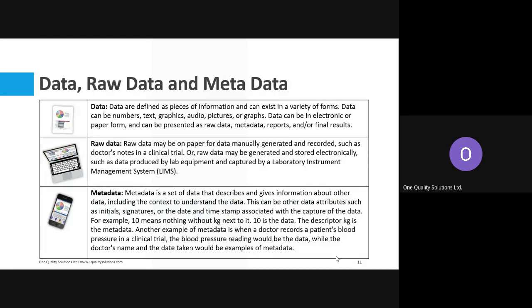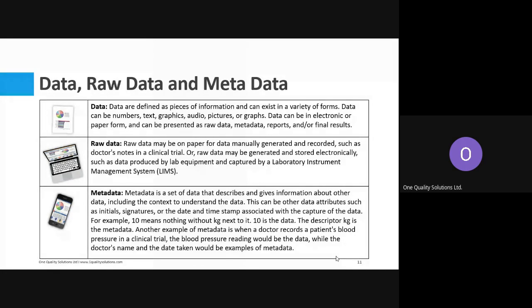So in these slides, we will discuss some basic definitions. First one is data. Data is any piece of information. It can be numbers, text, graphs, audio, pictures, anything. So any information is data. And raw data is the first captured data.